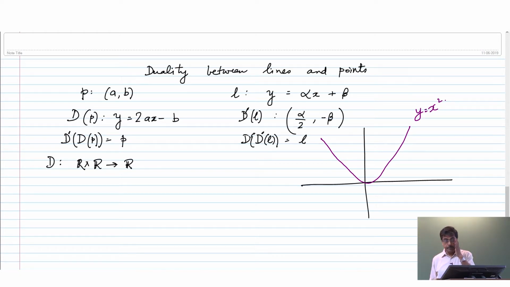This is the unit parabola. Now, if I take a point P, let's say (a, b), and I vertically project it onto the parabola, it becomes (a, a²). And I draw a tangent through that point.